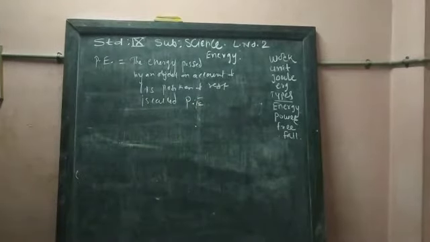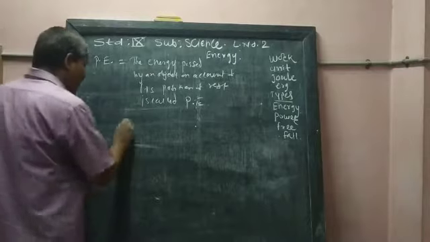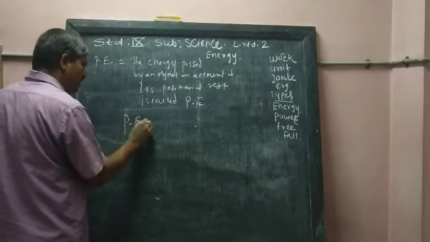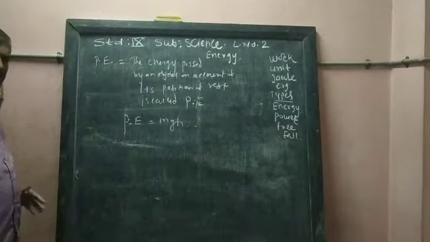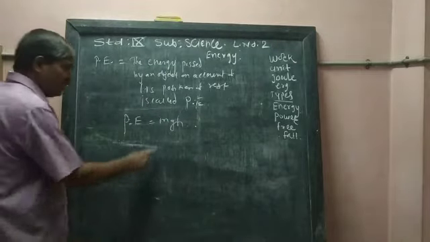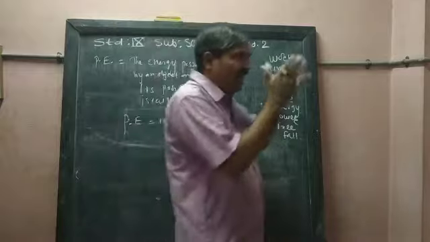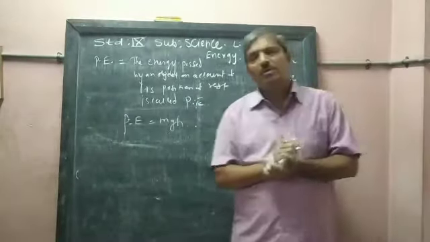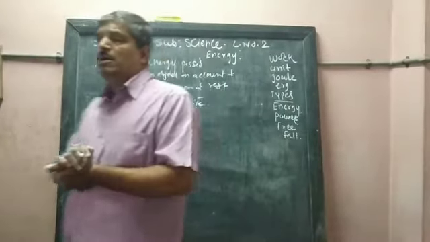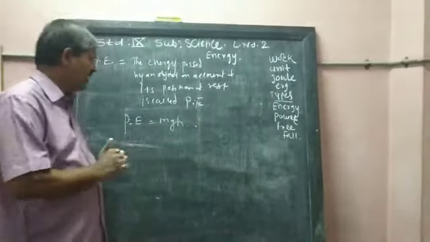Understand? And this potential energy is calculated by the formula mgh. m stands for mass, g stands for gravitational force, and h stands for displacement. Now, PE is equal to mgh.